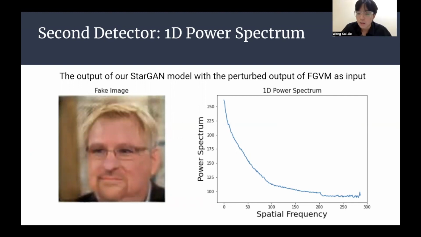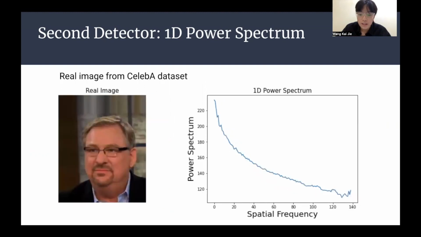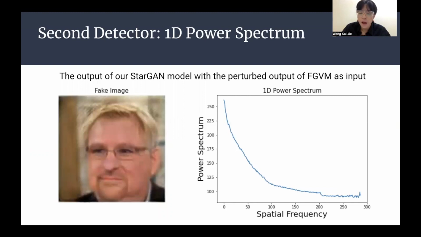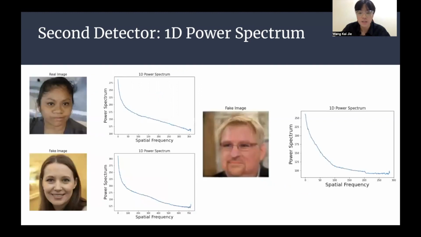As you will notice, the spatial frequency of our fake image is twice the spatial frequency of our real image. You might think that in this case, the 1D power spectrum will classify our fake image as fake. However, when we compare it with the spatial frequency of images that we obtained from the Light.Blackpink fans, you will think otherwise.